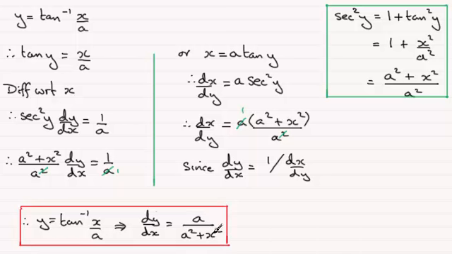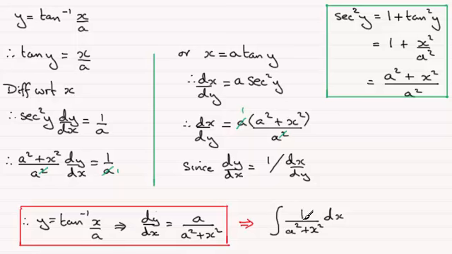Now there's a spin-off of this. We can see that from this result, if we were just to look at the integral of, say, 1 divided by a squared plus x squared, integrated with respect to x, then we know that if it were a all divided by a squared plus x squared, this result here, it must be equal to the inverse tan of x over a.